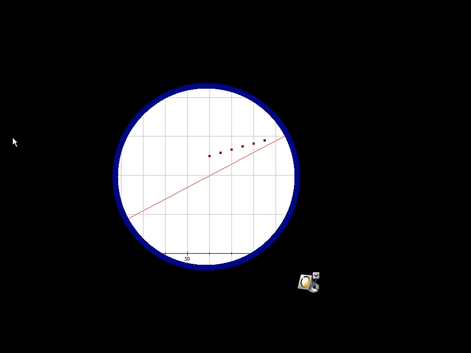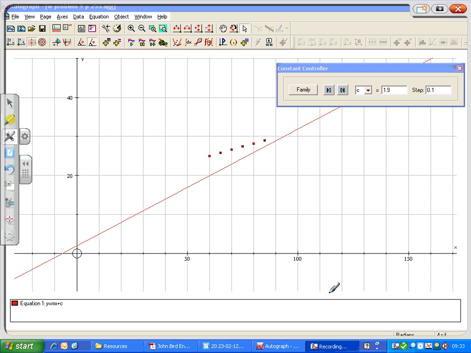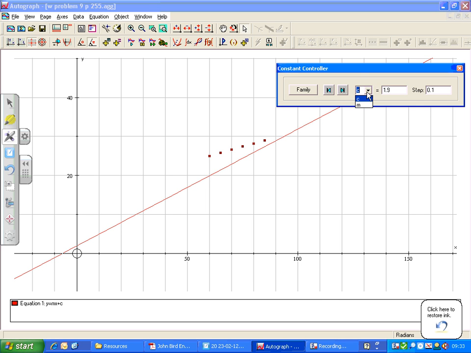The y-intercept. No, it's still not doing it. I don't know why it's doing that. It was working perfectly yesterday. So anyway, abandon that. So I change c and I change m. I can change the position of the line.